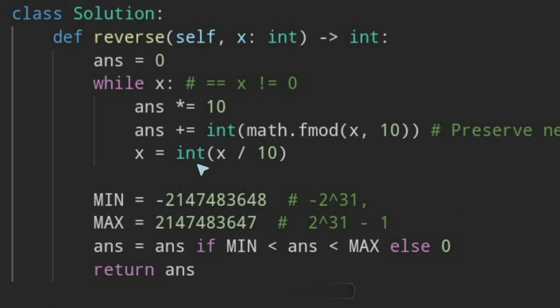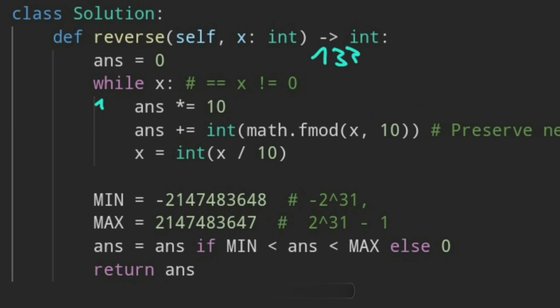We do a similar trick in order to get rid of the digits of the x number. The operations that we do in the while loop: take the previous answer, multiply it by 10. So if we had 123, and we took the digit 3, now 3 needs to be 30, and we need to add 2 to it.